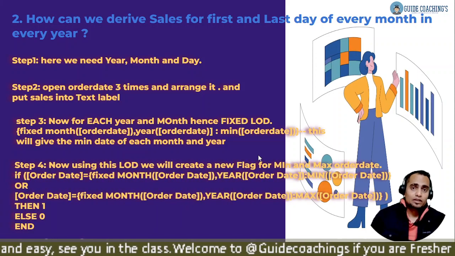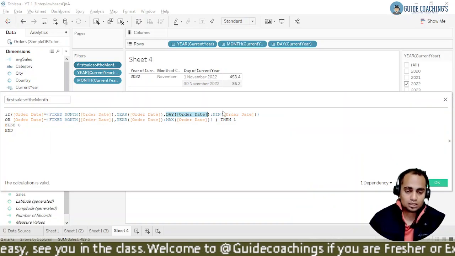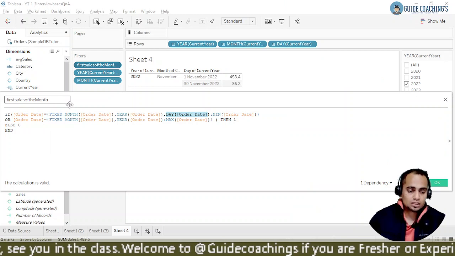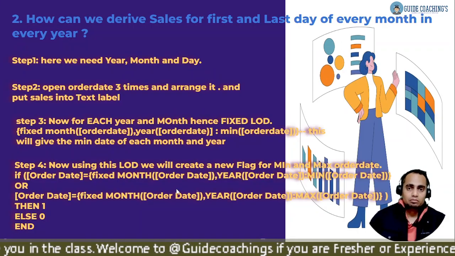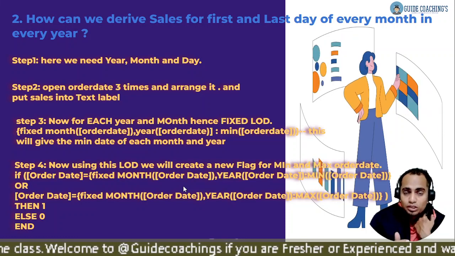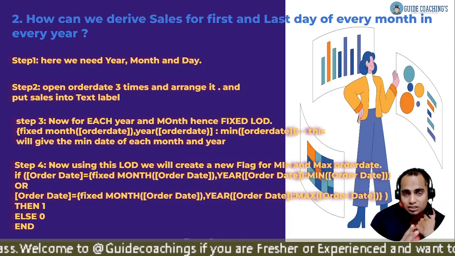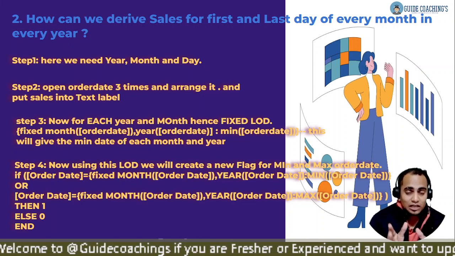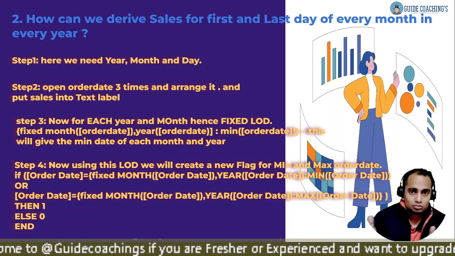Then what we will do, we will create a flag. The flag is nothing but the first sales of the month. So this is my flag, where I am identifying that whatever is minimum, which satisfies my condition, will be true, that is one.